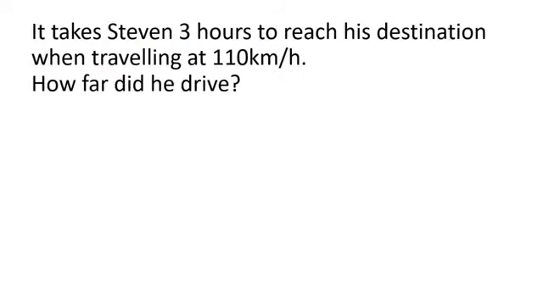It takes Stephen 3 hours, so that's time, to reach his destination when traveling. Now, some learners look at this and they think it's distance. It's not 110 kilometers, it's 110 kilometers per hour. So when they have the line like that, and they have the distance and they have the time, this is actually a speed, okay? It's very important that you remember that.